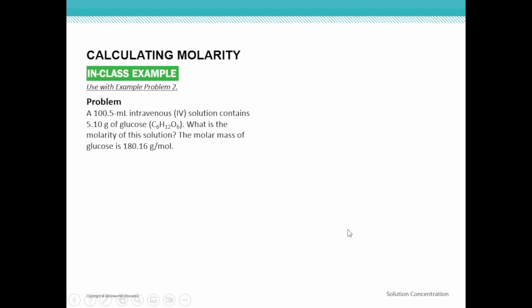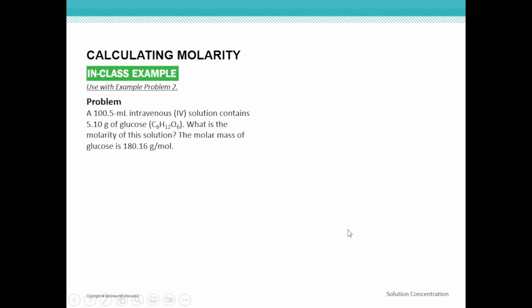No, but I have milliliters and I can convert that. So I'm going to convert my milliliters to liters. For every 1,000 milliliters, I have 1 liter. This is effectively moving the decimal 3 to the left, and I get 0.1005 liters. That is a value I can plug in for my equation.